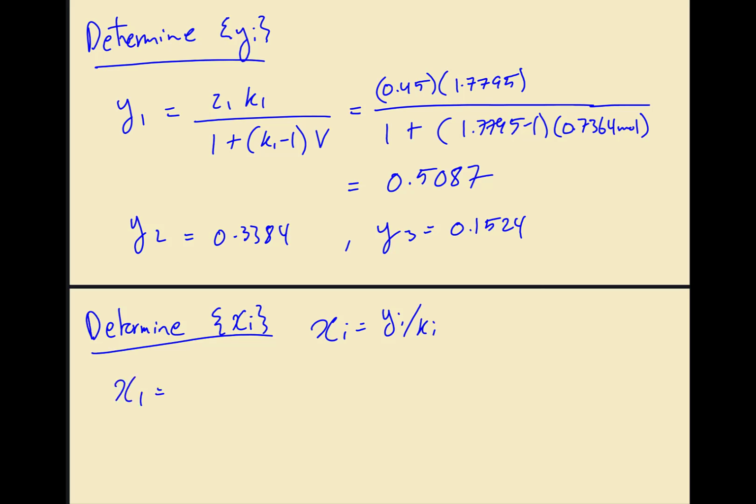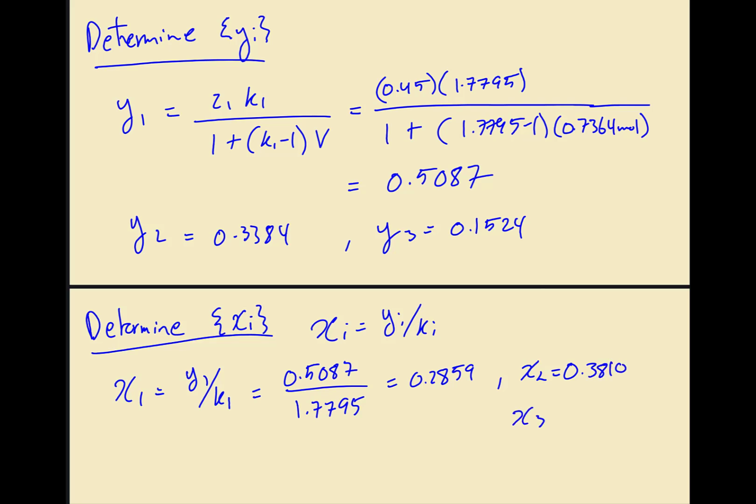So x1 equals y1 over k1. y1 is 0.5087. k1 is 1.7795. That gives 0.2859. So same thing for x2. You get 0.3810. And x3 is 0.331.